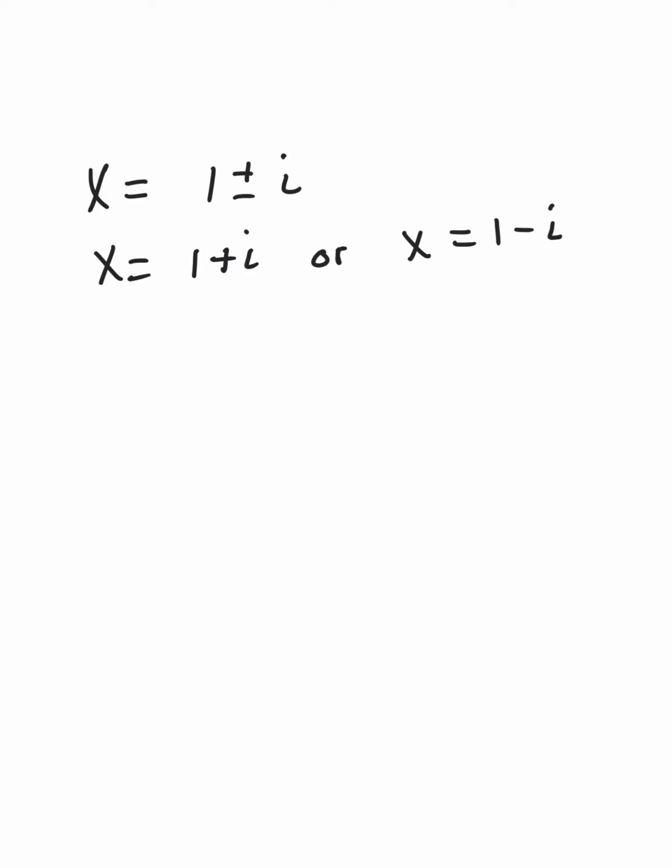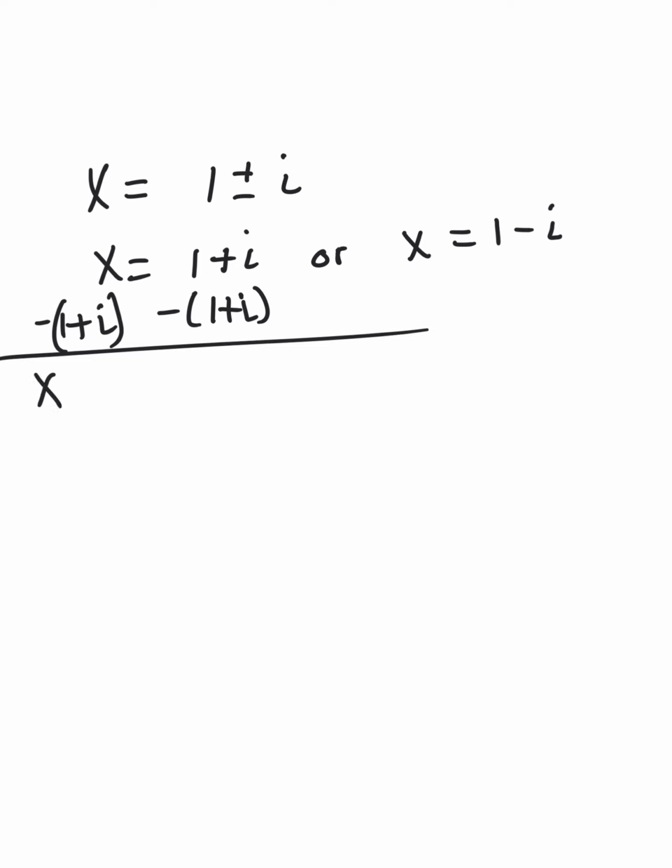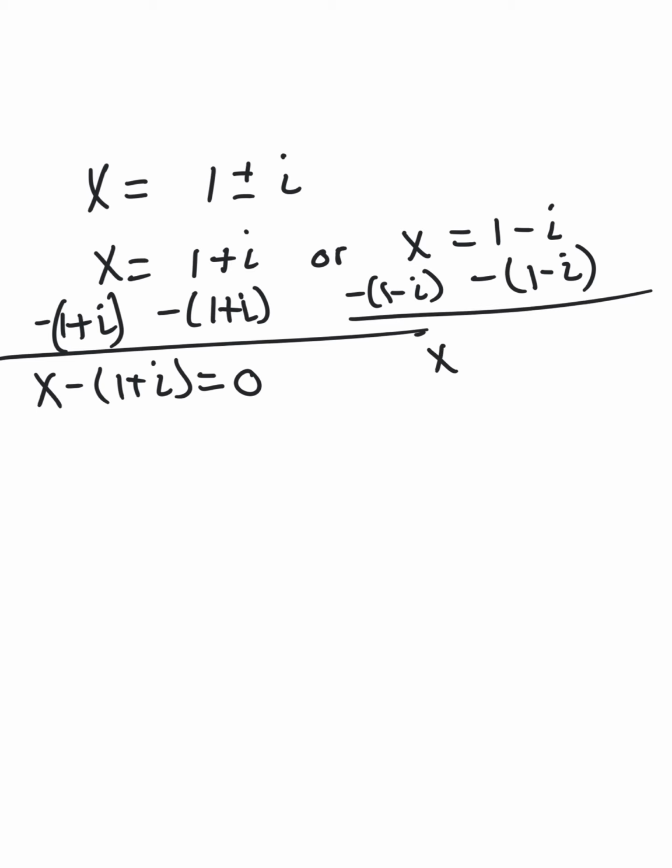So I'm going to subtract 1 plus i from both sides, and that gives me x minus 1 minus i is equal to 0. On the other side, I'm going to subtract 1 minus i from both sides, and I'm going to get x minus 1 plus i is equal to 0.